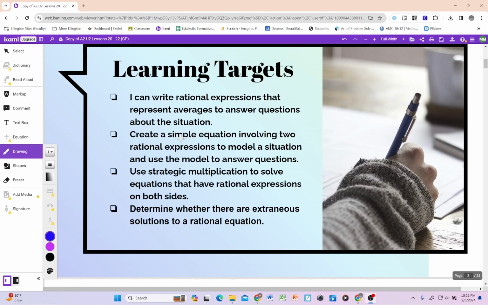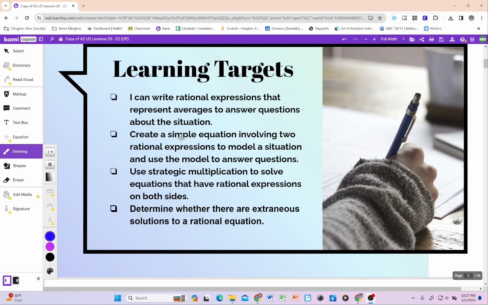Ultimately, we'll be creating equations based on them. We'll be looking at ways to cleverly use multiplication and the tools of solving that we already know in order to find the missing values. Unfortunately, even if we're doing all the right operations, we will get, in some cases, answers that may not be truthful.